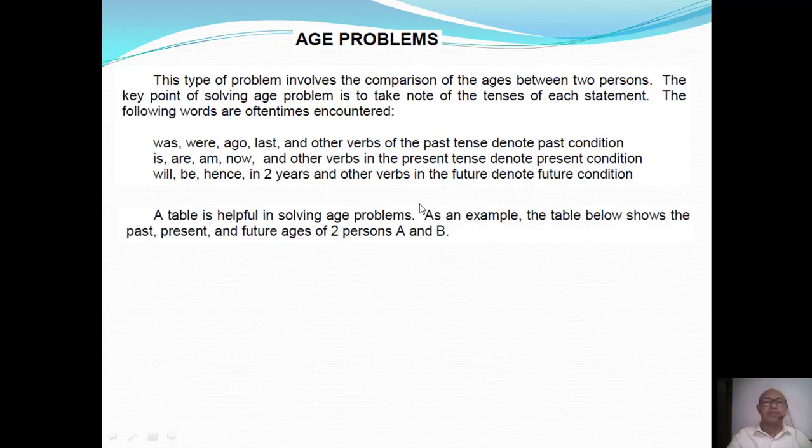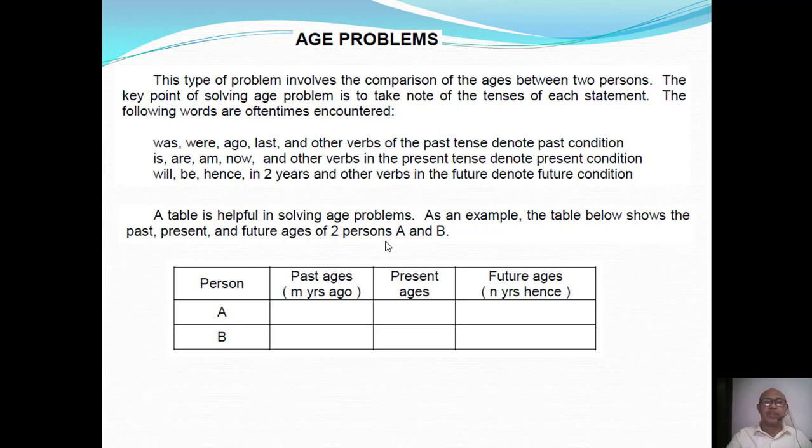Then the second step is to represent the ages. It is easier if we tabulate the ages. So let us say, for example, we have 2 persons, A and B. Then in the present, A is X years old and B is Y years old.